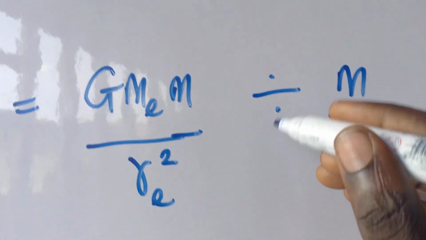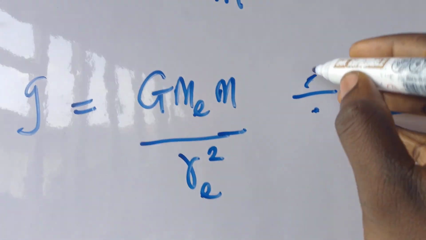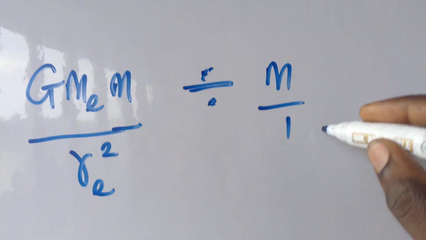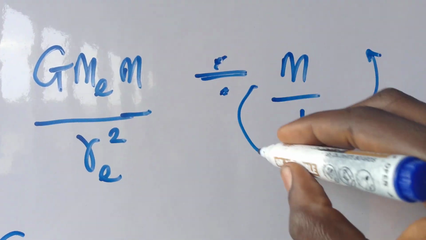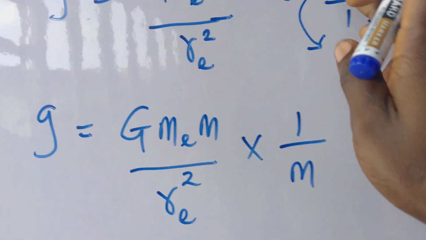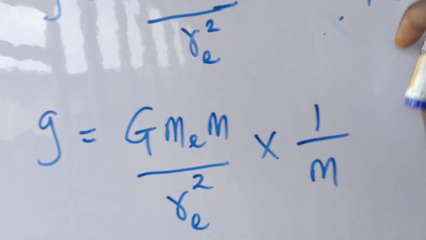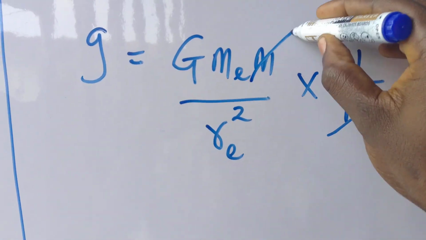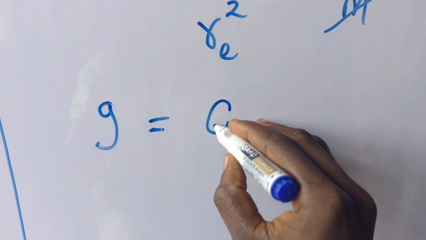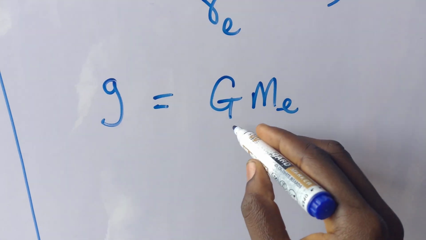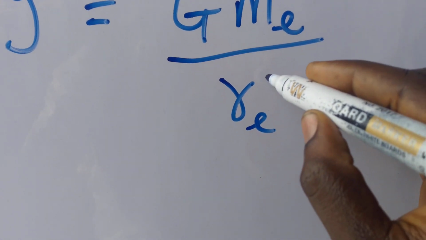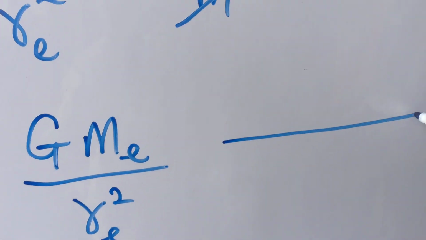When you change division to multiplication, you have to invert it, and by inversion, this one will go up and m will come down. So I'll be having 1 over m. Now you see that m will cancel out m. We eliminate m, and small g equals capital G ME over RE squared, which I can call equation 3.